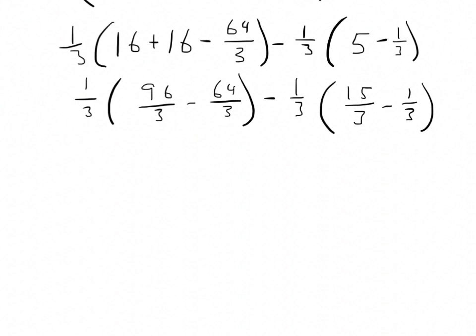And we're getting there. I'm going to do the subtraction and multiply by 1/3 at the same time. The 96/3 minus 64/3 should be 32/3. So when I multiply by the other 1/3, I'll get 32/9. Minus over here, I'll have 14/3 times 1/3 will give me 14/9.